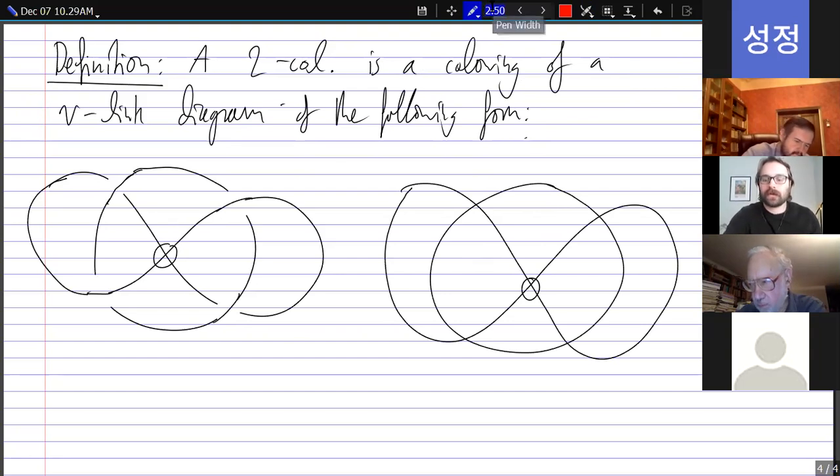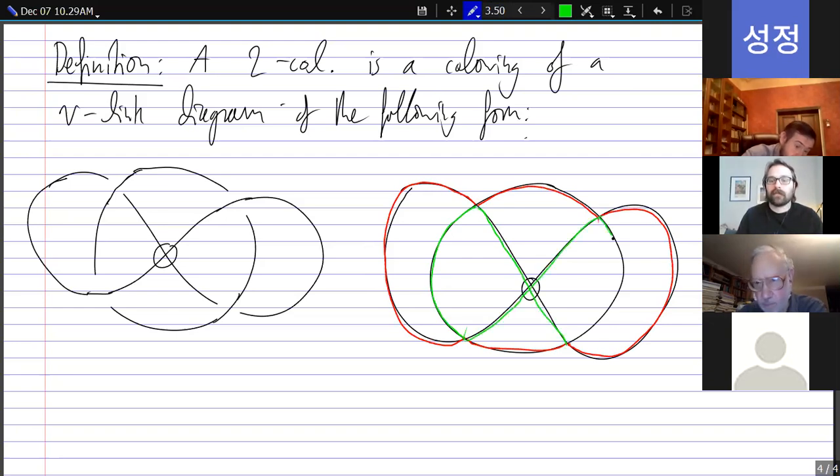I color its arcs exactly one of two colors, red or green, such that I change color when I go through a classical crossing. And I'll put the green in a second. And I do this for every component. And when I go through a virtual crossing, I ignore it. The color stays the same.